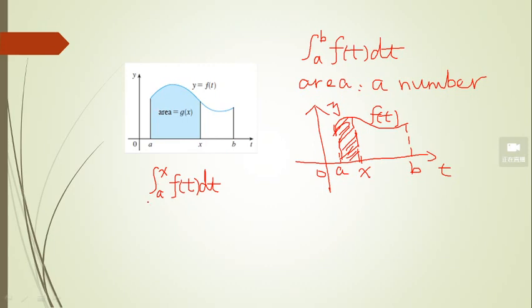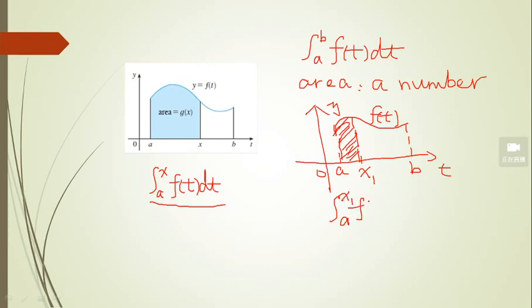So this definite integral represents the area from a to x. What is x? x here is a variable, and as x changes, the area will change. For example, here I mark it as x1.